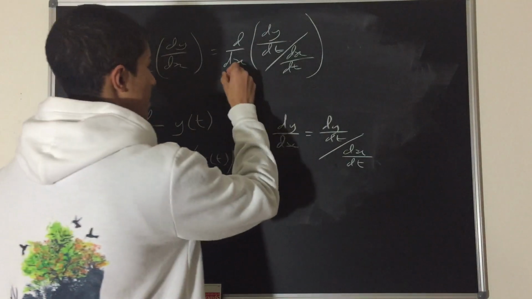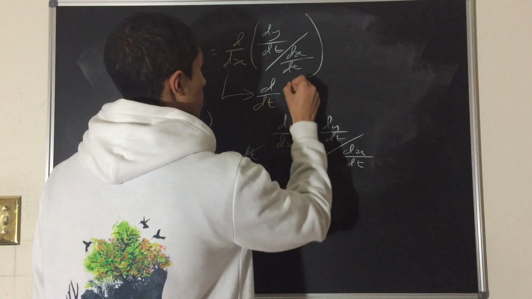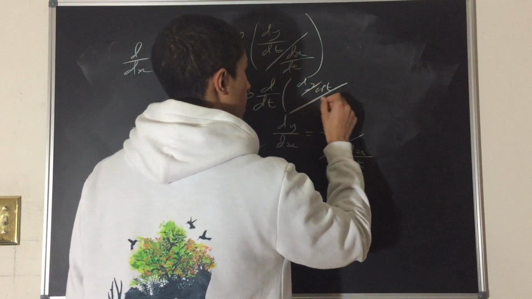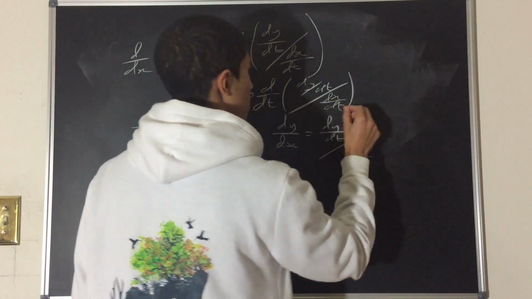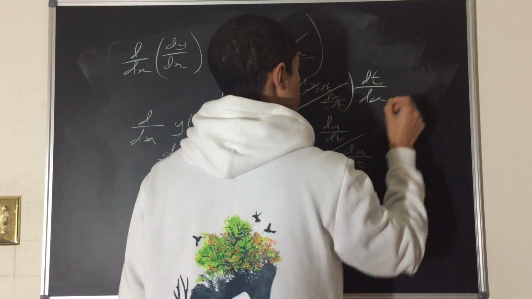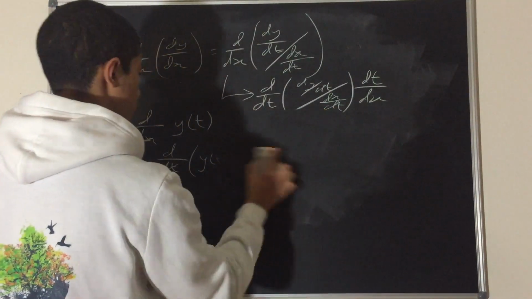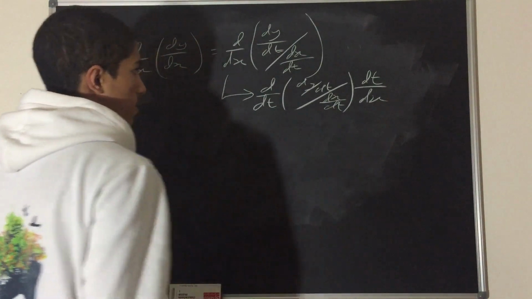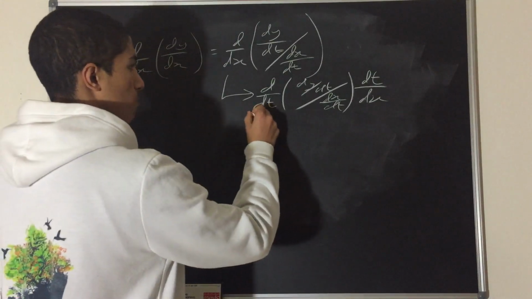So what we do here, the next step, is d by dt of dy by dt divided by dx by dt, multiplied by dt by dx. And I'm going to erase our first derivative definition there.